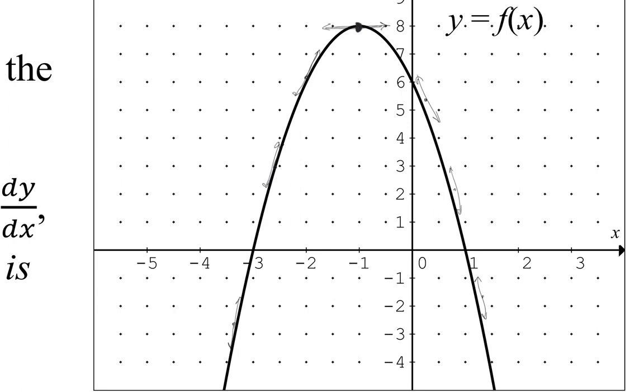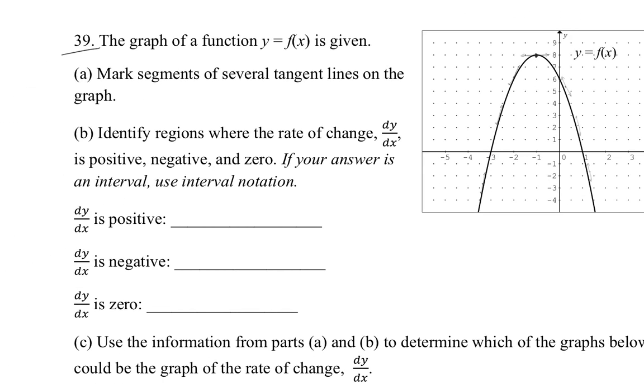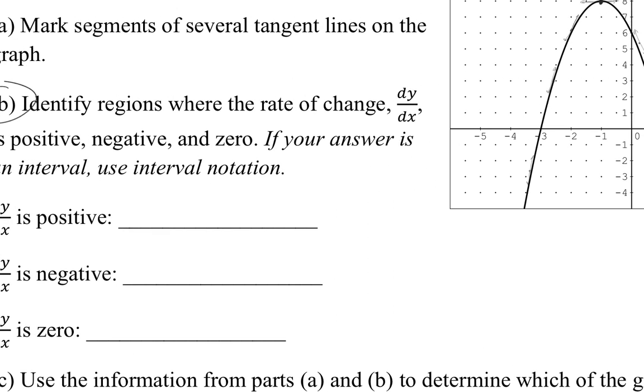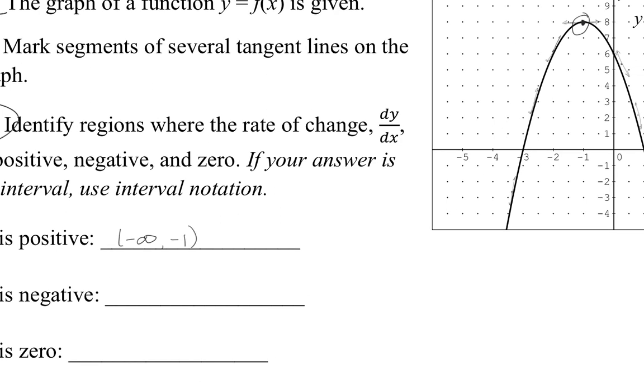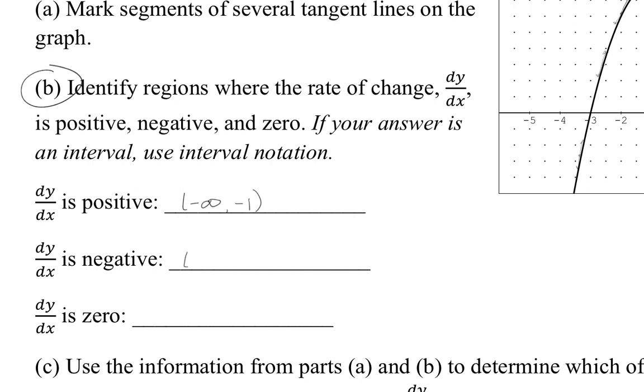So now, moving on, for part B, we're asked when is the rate of change positive? That basically just means when is our function increasing? And that is happening from negative infinity up to this point here at negative 1. Now conversely, our function is decreasing anywhere past negative 1.